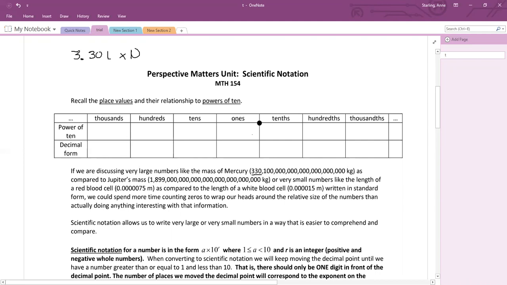We moved the decimal from the end all the way to the beginning, at the 3.3. So we count how many times we moved it: 1, 2, 3, 4, 5, 6, 7, 8, 9, 12, 15, 18, 21, 23 times.